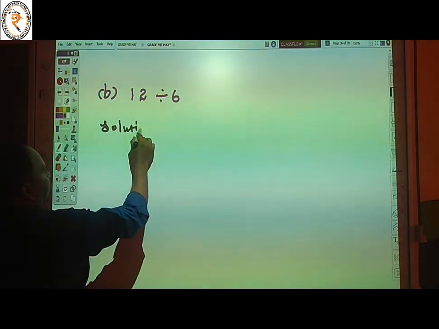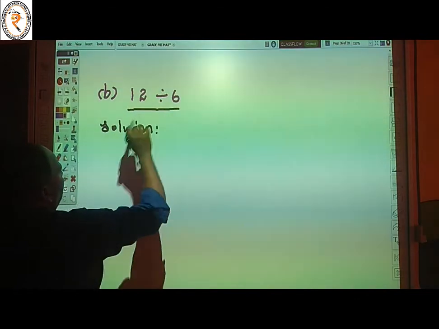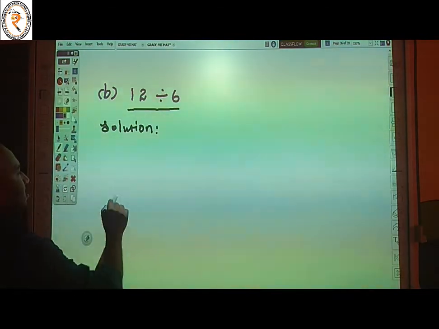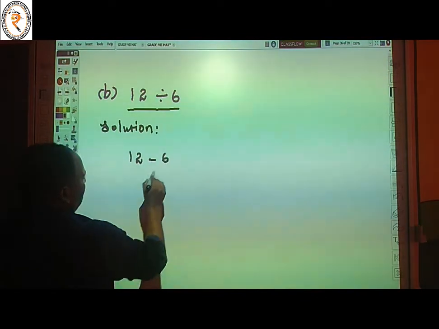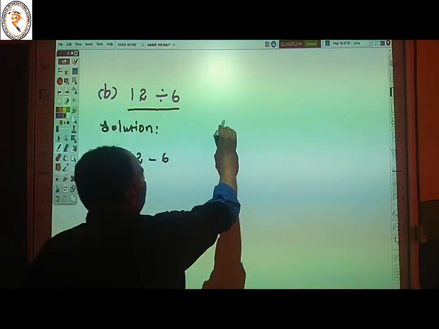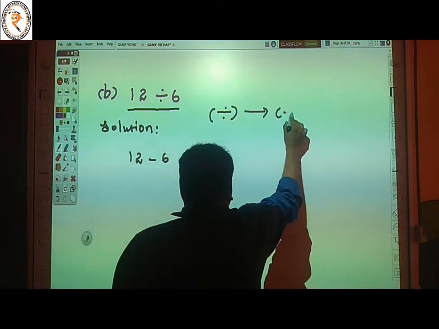Solution. 12 divided by 6. So 12 minus 6, because division means repeated subtraction.